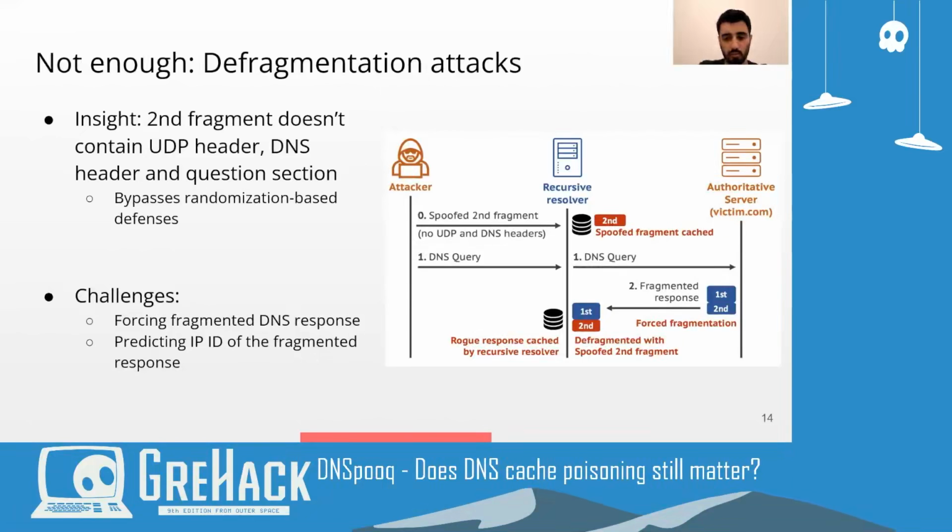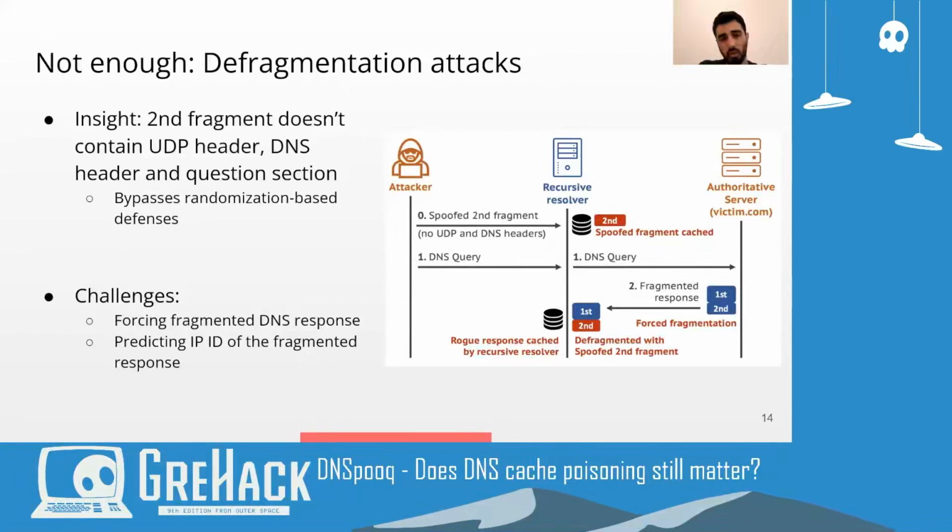One is to lower the path MTU between the authoritative server and the recursive resolver to a few dozen bytes, and then when the authoritative server sends a DNS response, it will be fragmented. The other way to accomplish this works only on domains that are signed by DNSSEC, and this is because DNSSEC answers are typically long.